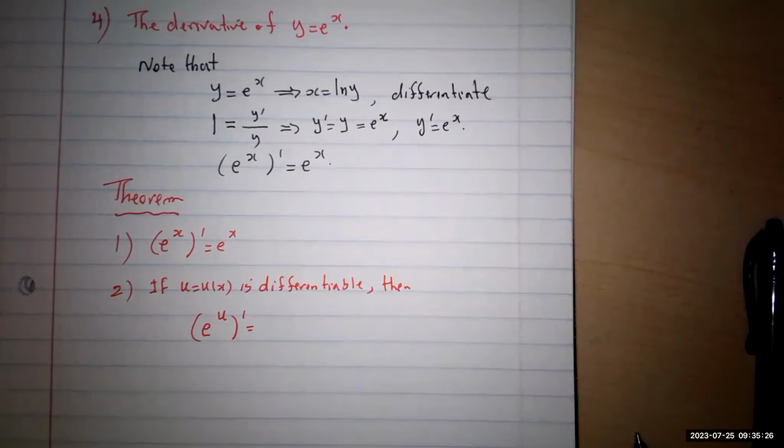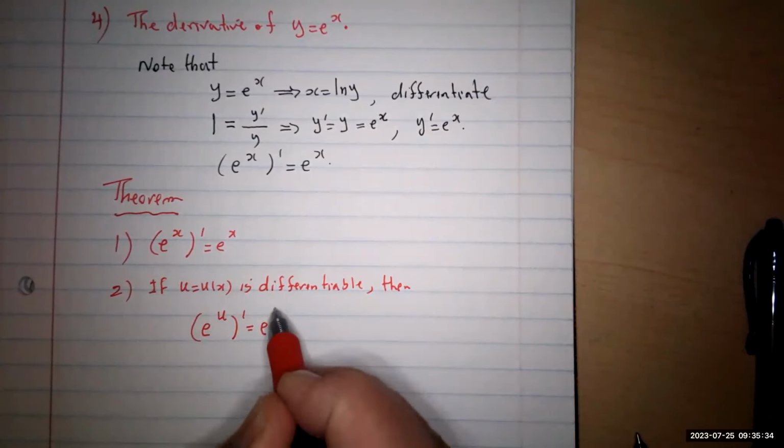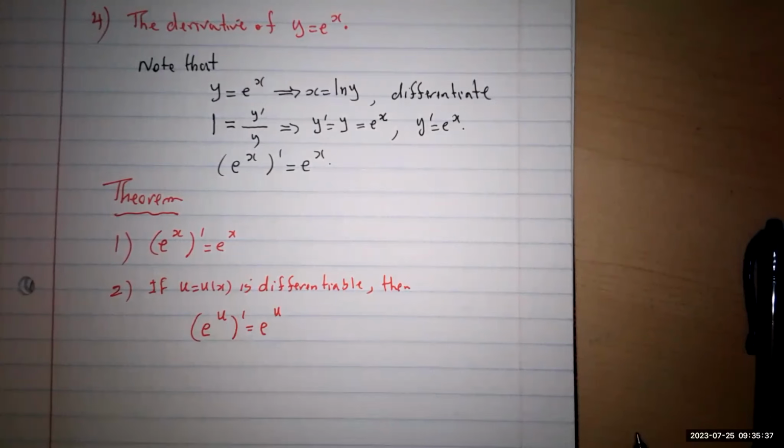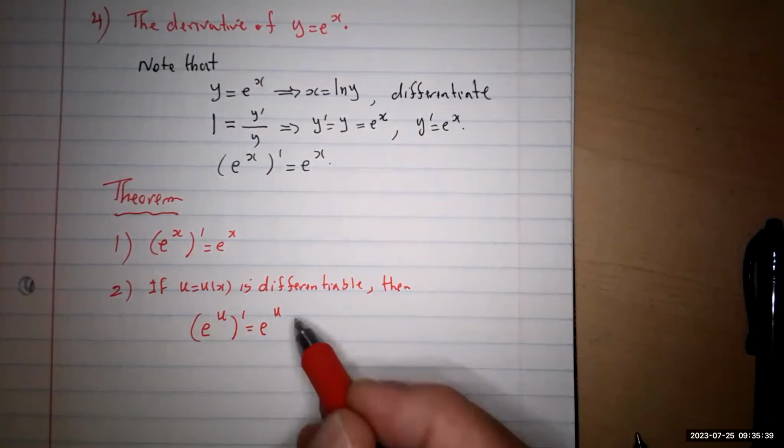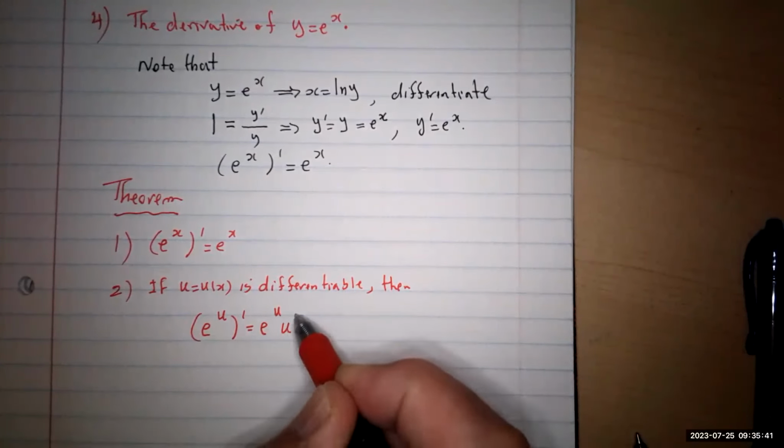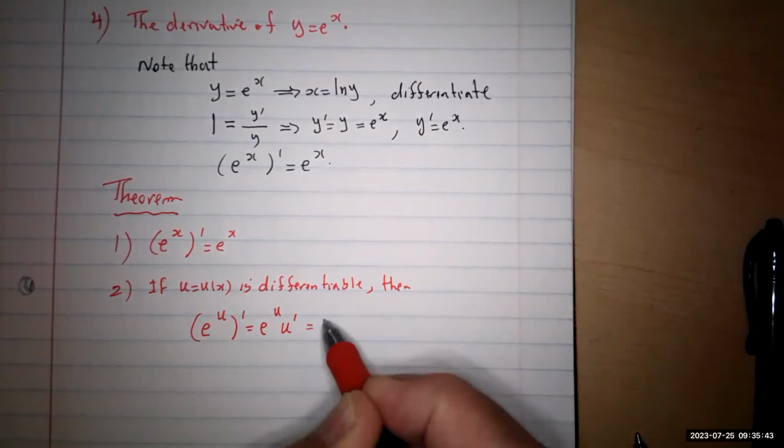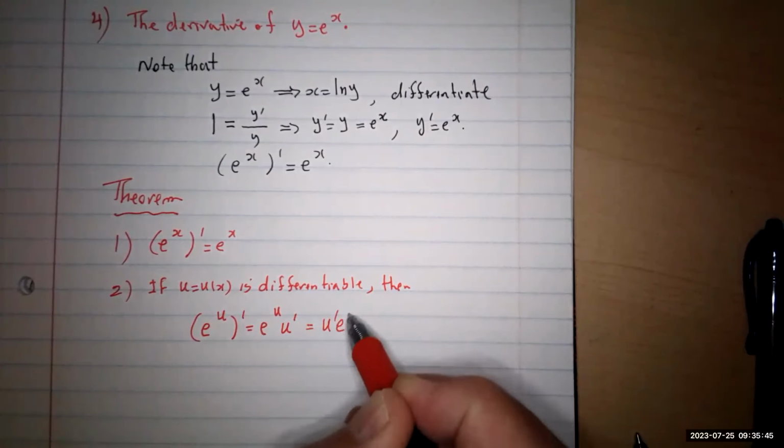You see chain rule, composition of two functions. The outside one is the exponential function, so the exponential function never changes. But the inside one is u, so we have to multiply by u prime, which is the same as u prime e to the u.